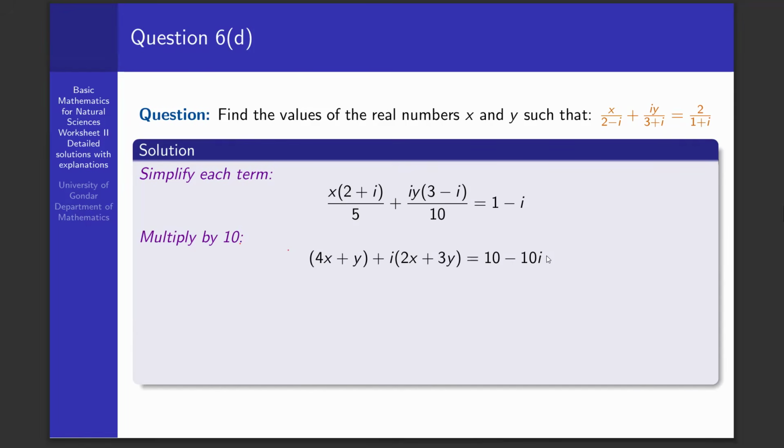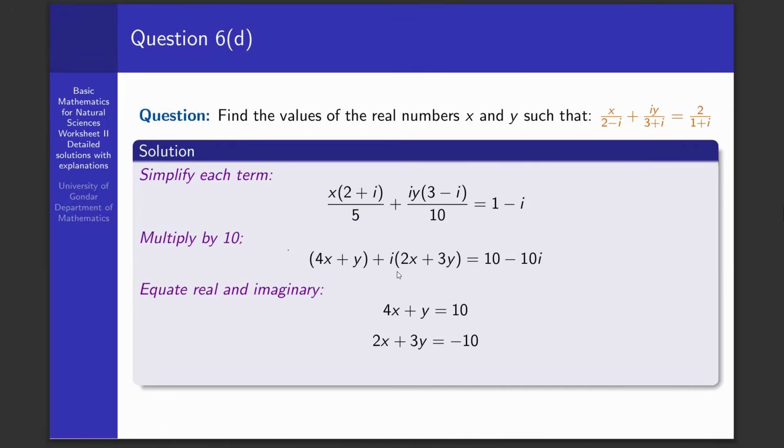Then let's equate as usual the real and the imaginary parts together. The real part of this complex number is 4x plus y, and it must be identical with 10. And the imaginary part 2x plus 3y must equal the imaginary part of this one, which is minus 10.